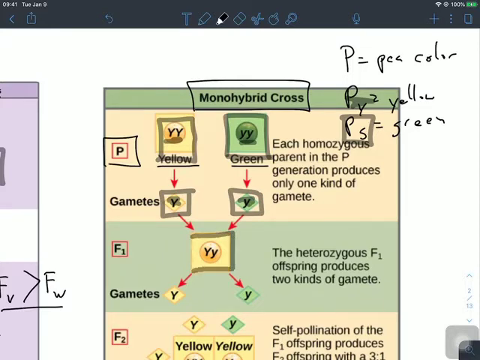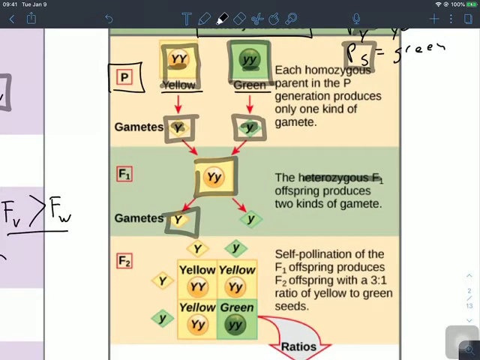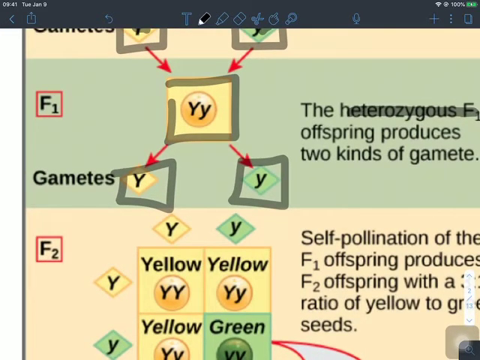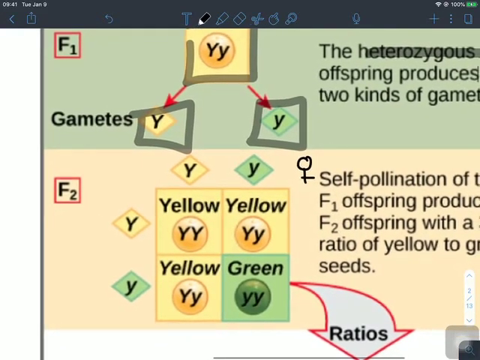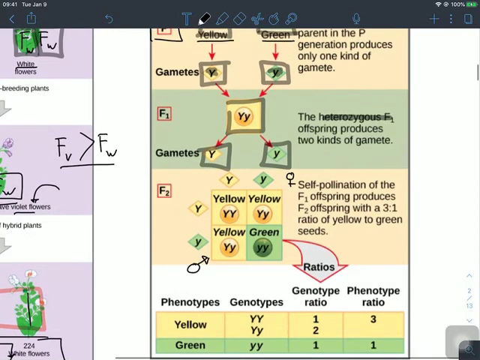However, we know that when they mix, the offspring, the F1, will be heterozygous. It can produce 2 different types of gametes. When looking at either the female or eggs or the sperm, please note that now and forever, this symbol indicates female or egg. This symbol indicates male or sperm, shorthand for them.